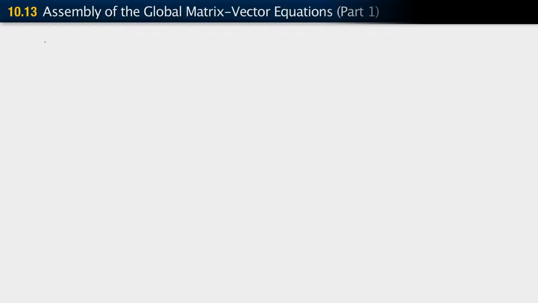So what we have here is the sum over E of CE transpose KE DE equals C transpose K bar D bar, right?